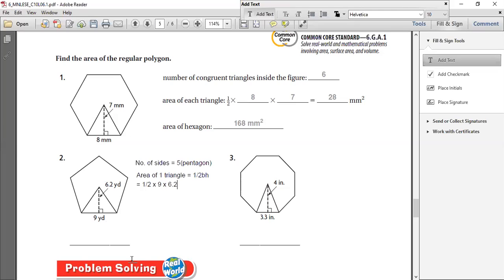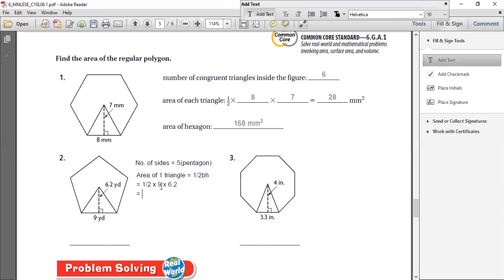Okay, now whichever way is easy for you, you can do, whether you find half of 9 or half of 6.2, or you multiply 9 with 6.2 and then divide it by 2. It's all going to be the same. So this is the area of one of the triangles. Half multiplied by 9 multiplied by 6.2.